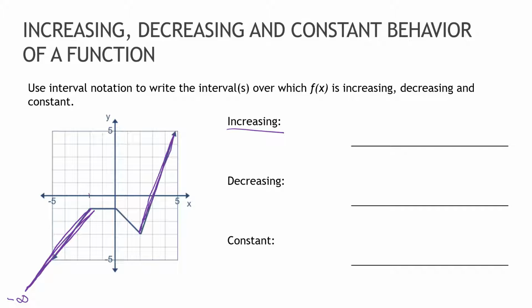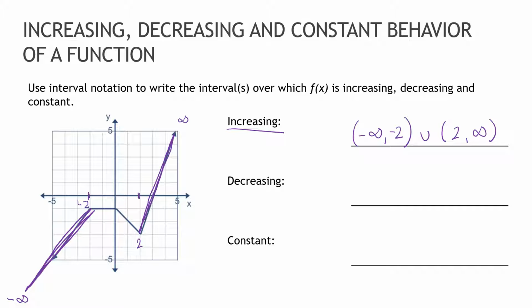And it goes up to this point, which is at -2. And in addition to that, I've got the point from +2 up to forever, positive infinity. So increasing would be from negative infinity to -2, union from 2 to infinity.